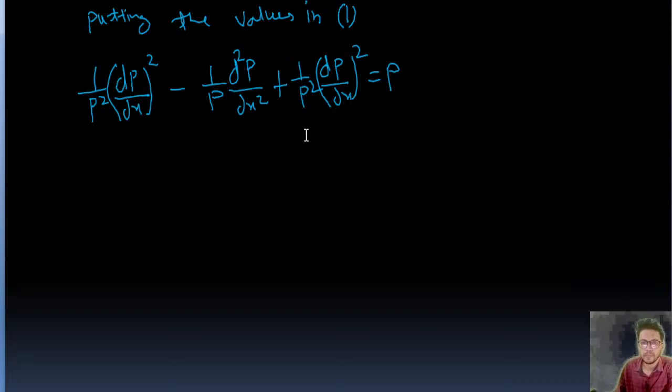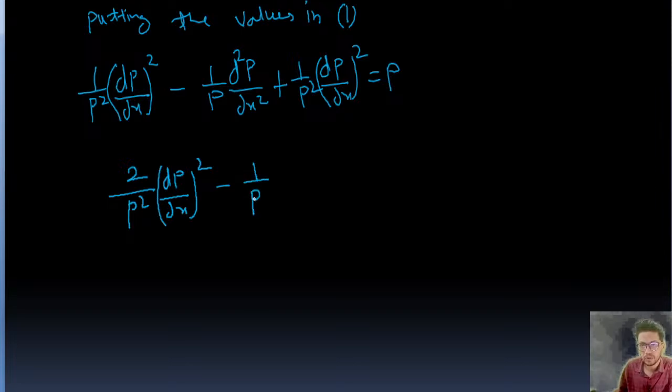So now these two will get added, right? Same thing. So it is going to be 2 upon p square dp upon dx whole square minus 1 upon p d2p upon dx square equal to p.